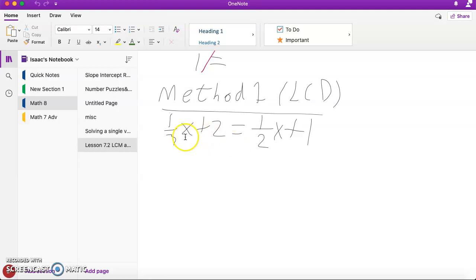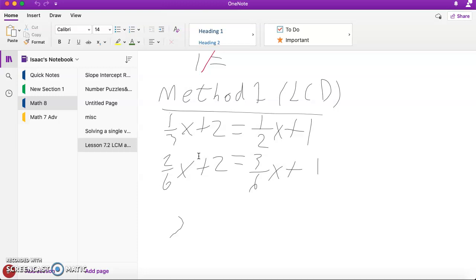So now that I know that 1/3 in terms of sixths is 2/6, I can say 2/6 x plus 2 is equal to 3/6 x plus 1.